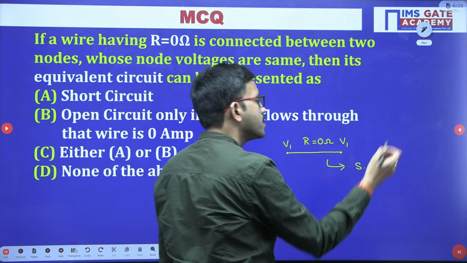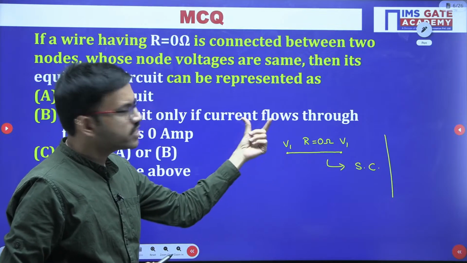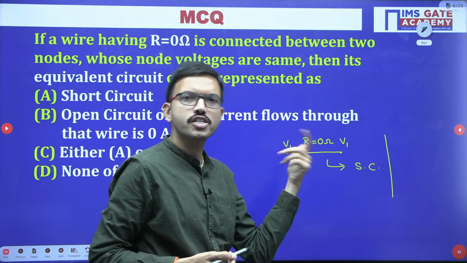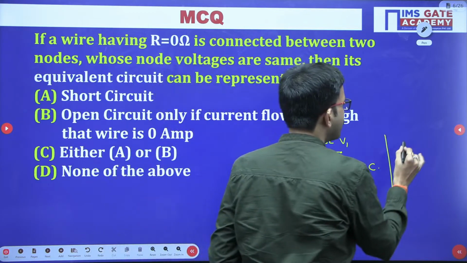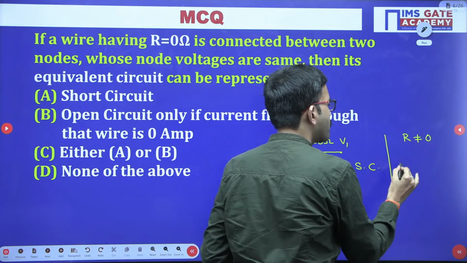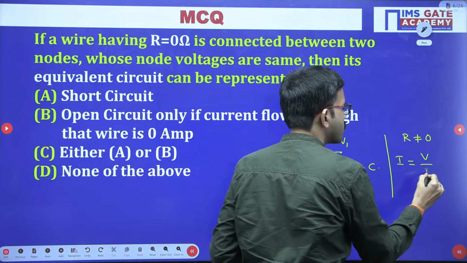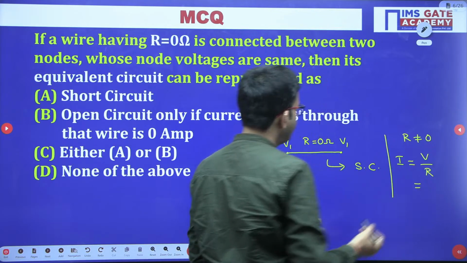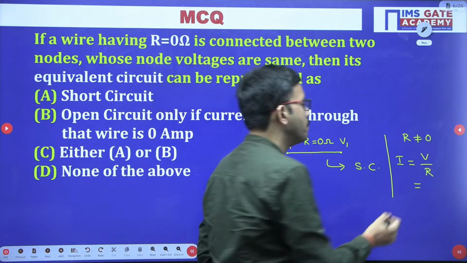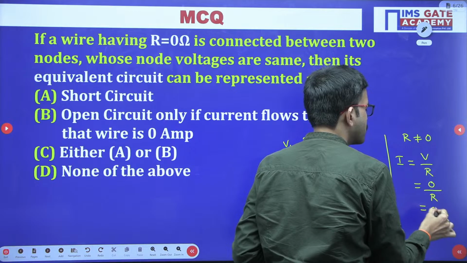See, in the earlier class we discussed one question, but in that question we had an R value not equal to 0. If R is not equal to 0, in that case what will happen? I equal to V by R. If V is 0, that is, the difference of these two node voltages is 0, then 0 by R is nothing but 0 ampere.